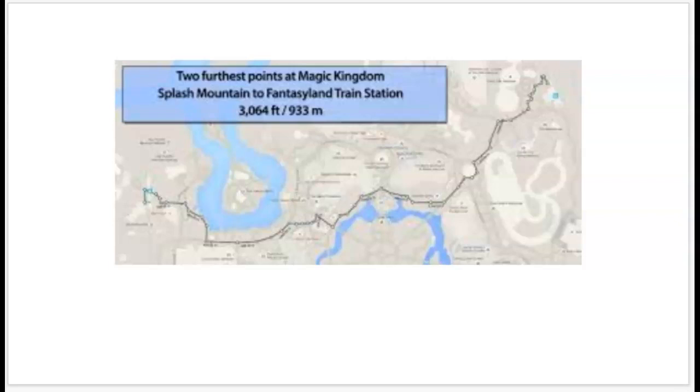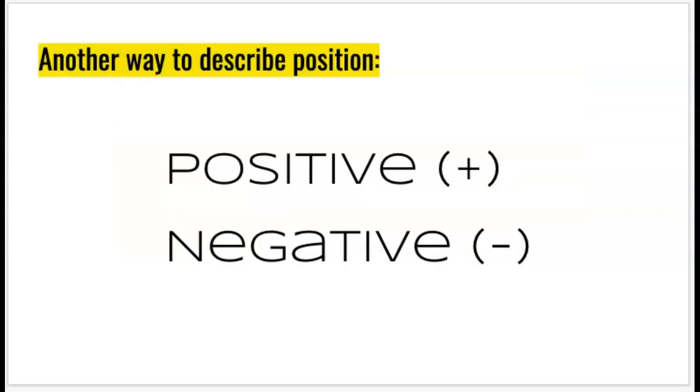So now that we understand reference points and how we describe position, let's talk about another way that we can describe position. We can describe position as being positive or negative. And anytime in science or math that we talk about something positive, we use a plus sign to show that. And for negative, we use a minus sign to show that.